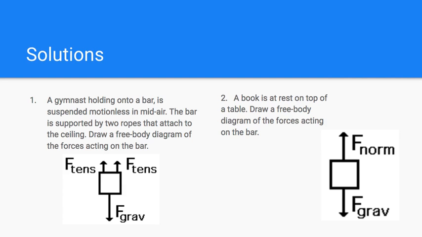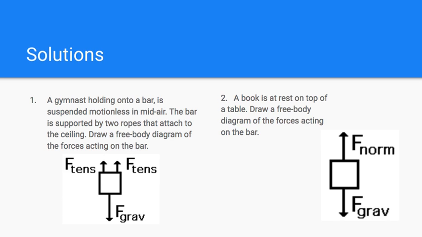In the second problem, there's a book at rest on top of a table. Again, starting with gravitational force, it always points downwards towards the center of the earth. So we will draw a line pointing down from our box. Then opposite of that is normal force. We know that because the book is at rest on top of a table, normal force will push up on the book to ensure that the book does not fall through the table.